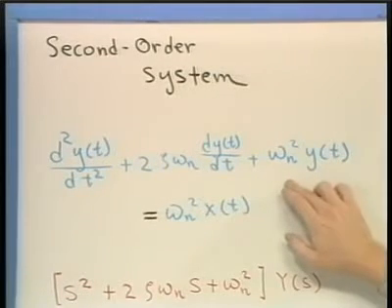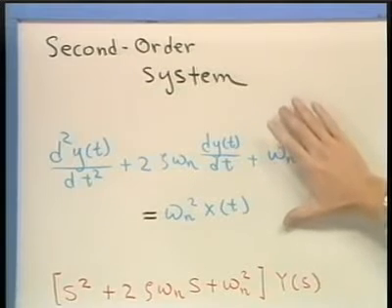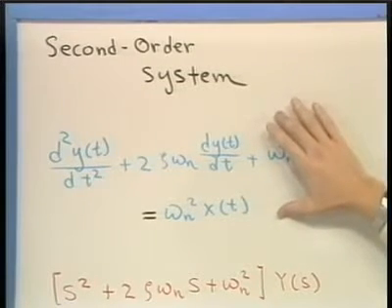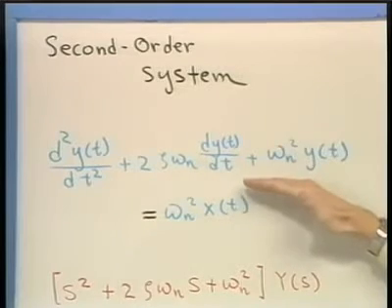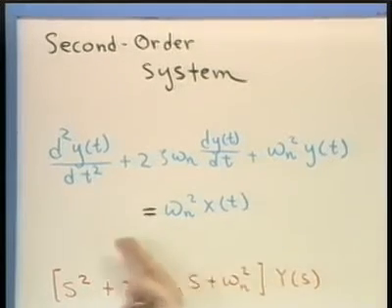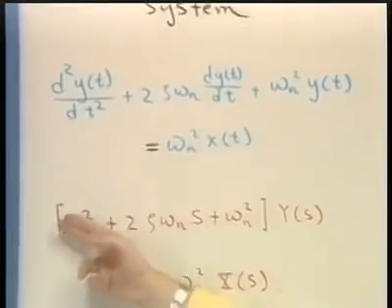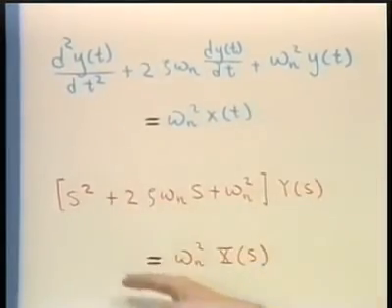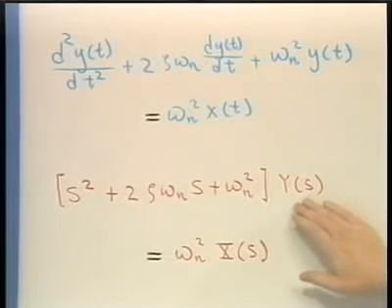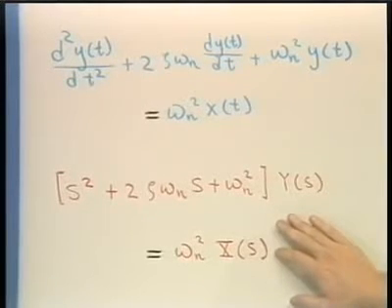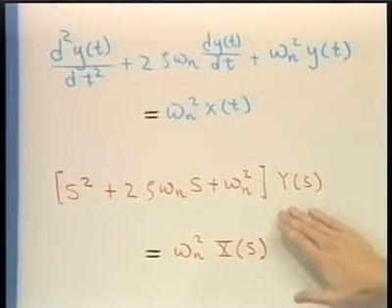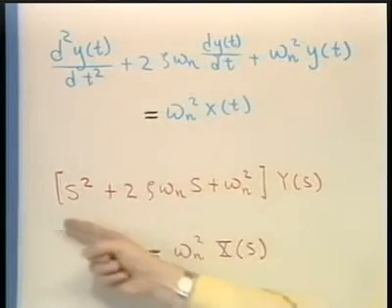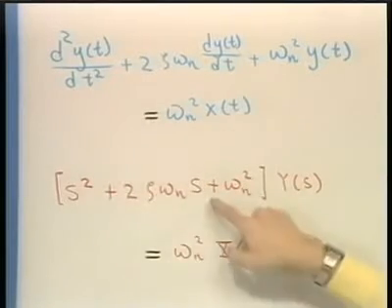In fact, if we did, that would insert zeros into the system function, as well as the poles inserted by the left-hand side. We can determine the system function in exactly the same way, namely apply the Laplace transform to this equation. That would convert this differential equation to an algebraic equation. And now when we solve this algebraic equation for Y(s) in terms of X(s), it will come out in the form Y(s) equal to H(s) times X(s). And H(s) in that case we would get simply by dividing out by this polynomial in s.